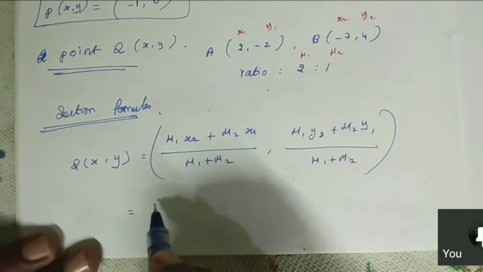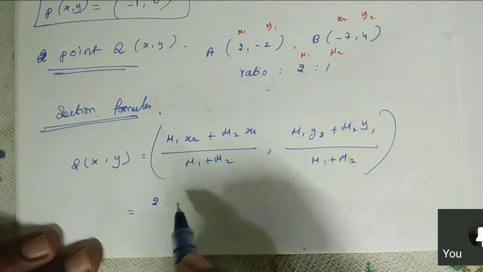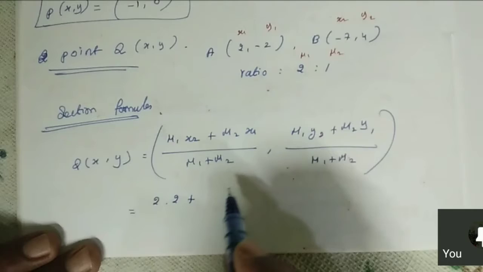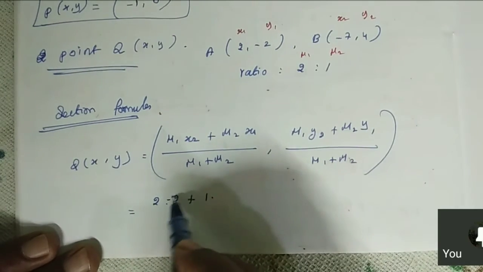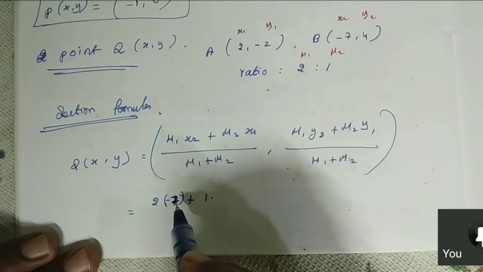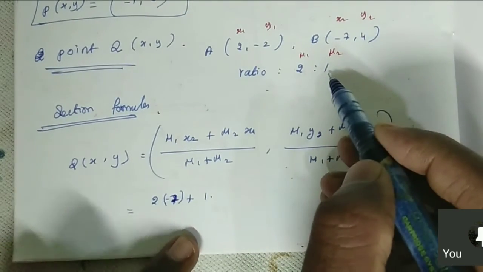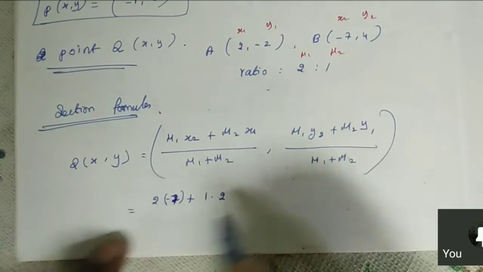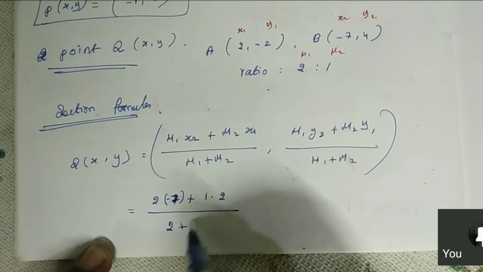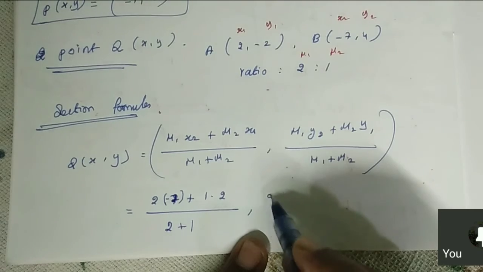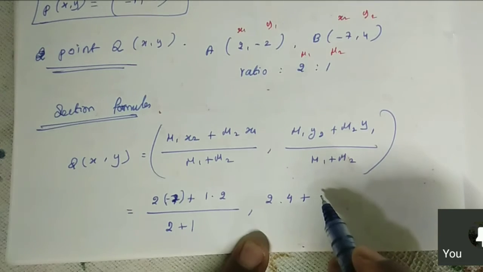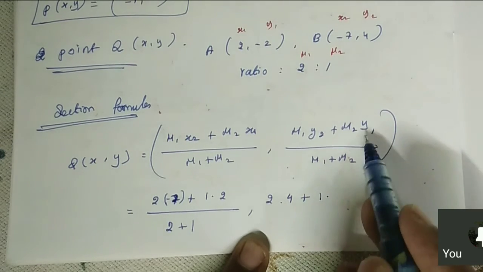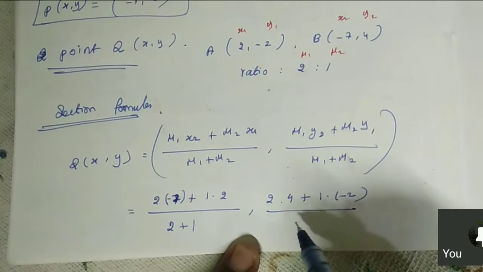So m1 value is 2, into x2, which is -7, plus m2, which is 1, into x1, which is 2, divided by 2 plus 1, comma, 2 into 4 plus 1 into -2, divided by 2 plus 1.